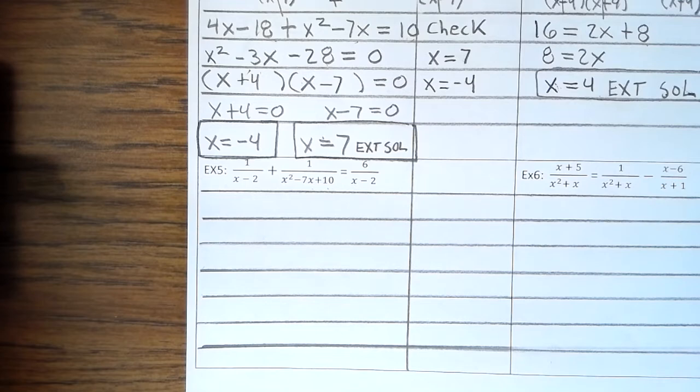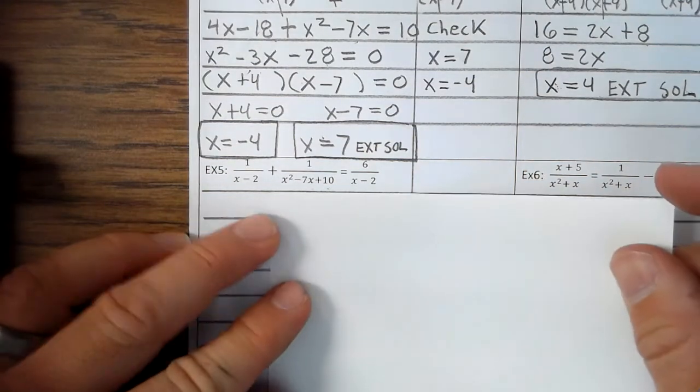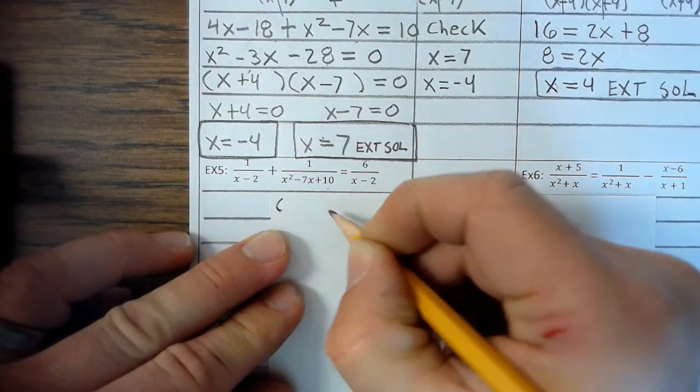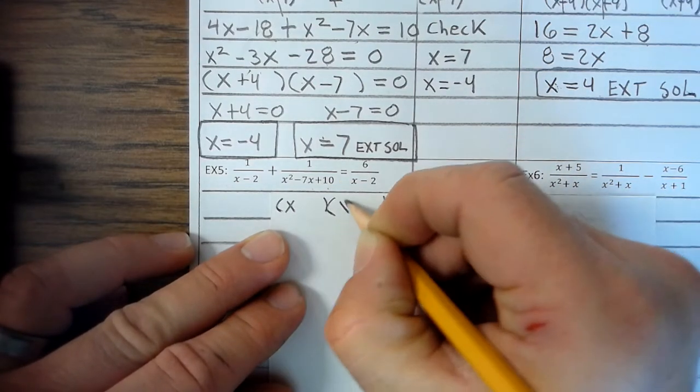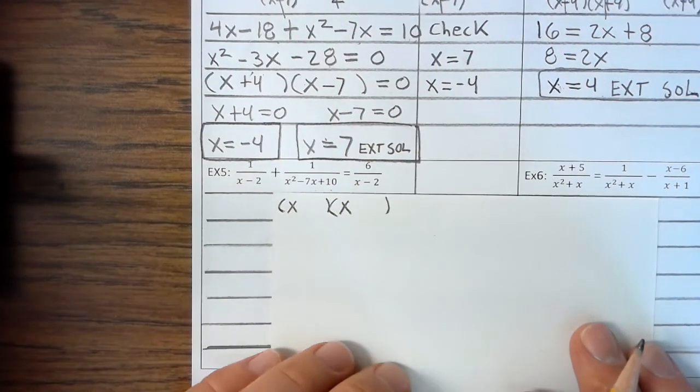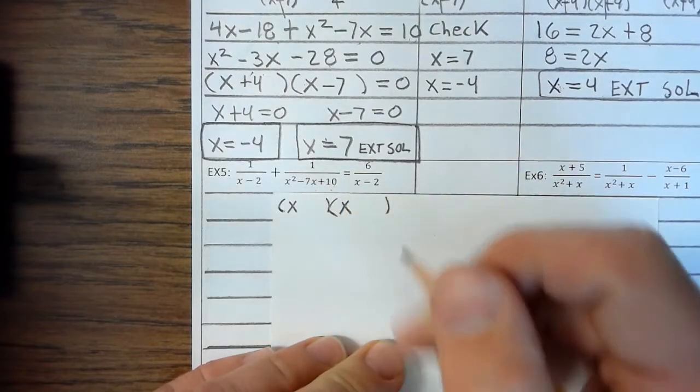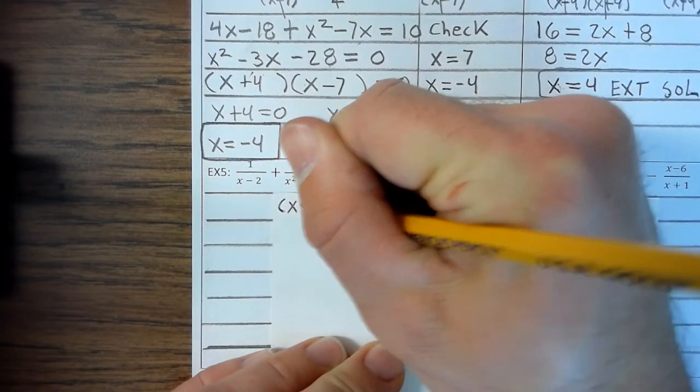So to do that, we know 2 parentheses. We know x and x makes x squared. Now, if you think about what two numbers multiply to give you 10 and combine to be negative 7, the answer to that is x minus 5, x minus 2.